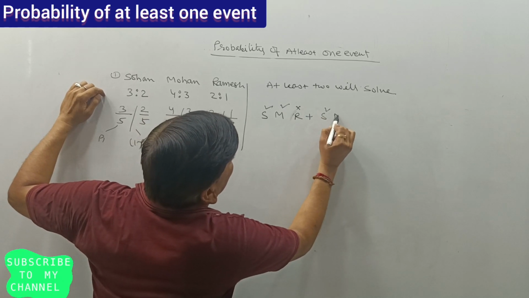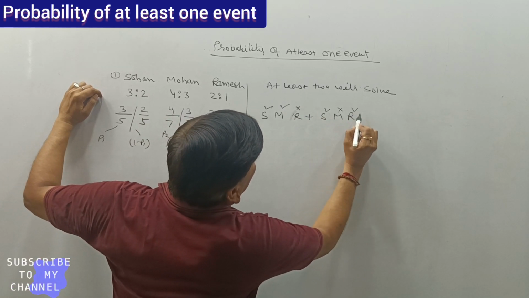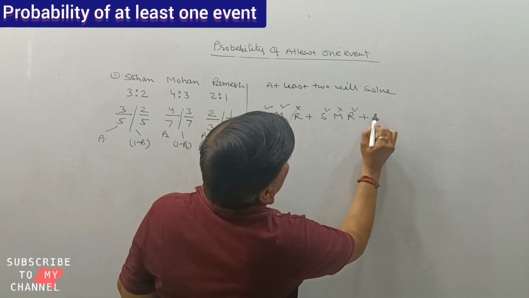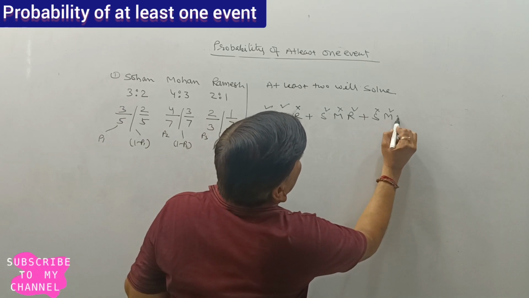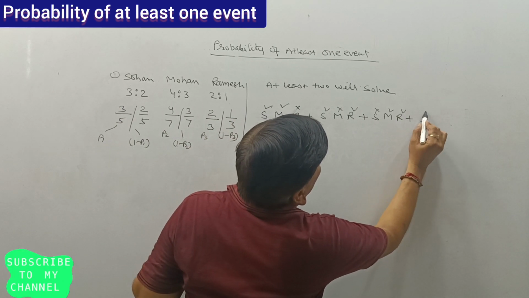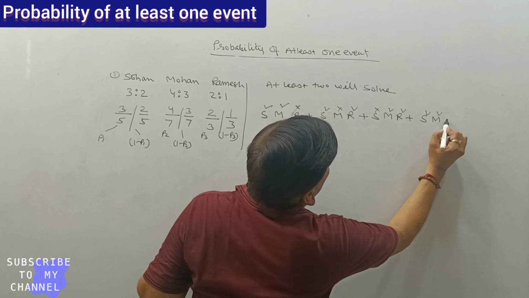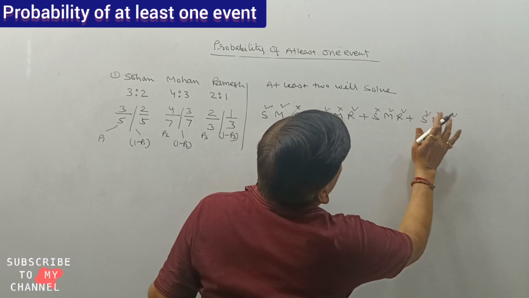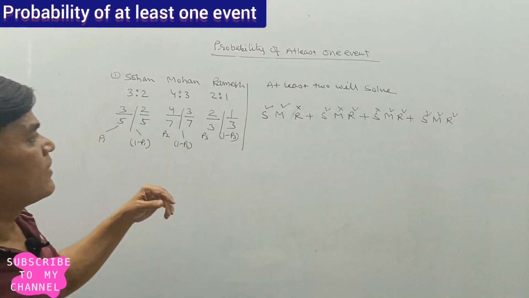Or Sohan solves, Mohan does not solve, Ramesh solves. Or Sohan does not solve, Mohan solves, Ramesh solves. Or Sohan solves, Mohan also solves, and Ramesh also. This is the at least 2 event.